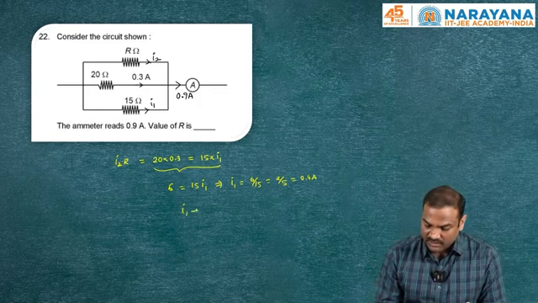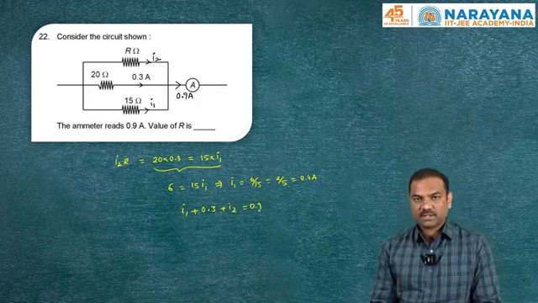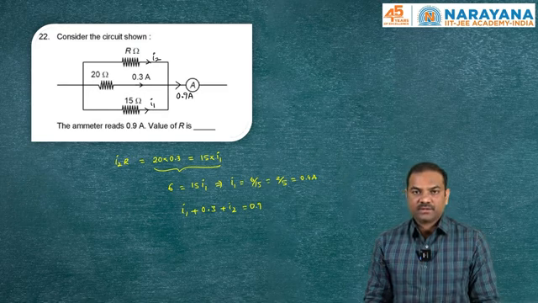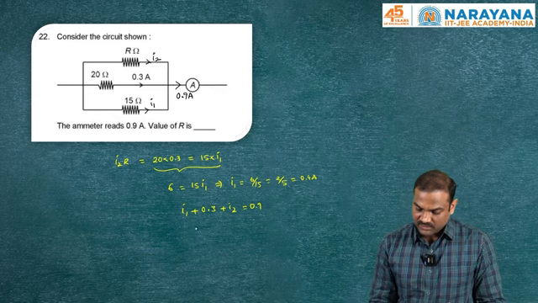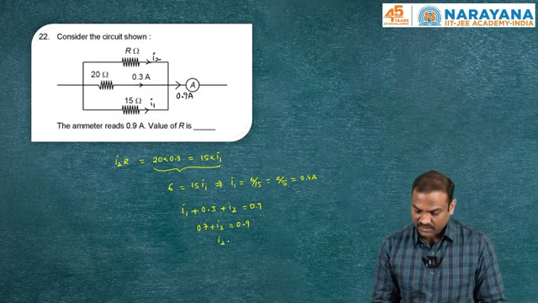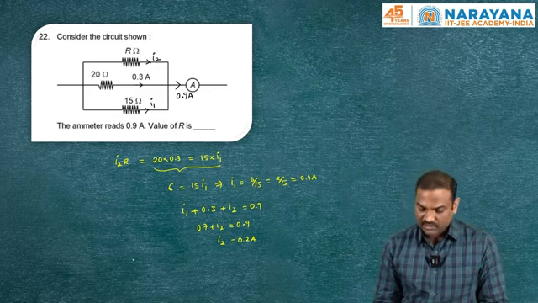So I can write down that I1 plus 0.3 plus I2 should be equal to 0.9, which is nothing but the current at a junction: flowing into the junction is equal to current coming out of the junction. So I1 is 0.4, so total is 0.7, 0.7 plus I2 is equal to 0.9. Then I2 value goes to 0.2 amperes. Once I know the I2 value, I can find out R value. How?